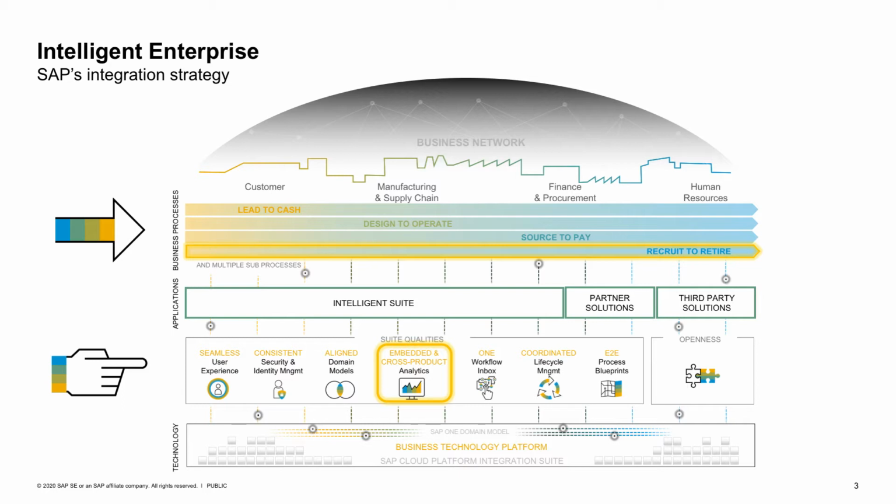SAP also introduced new suite qualities to facilitate seamless out-of-the-box integration of the intelligent suite, including enhancement from partner solutions. For this session, we're going to focus on the embedded and cross-product suite qualities around the SAP Analytics Cloud.